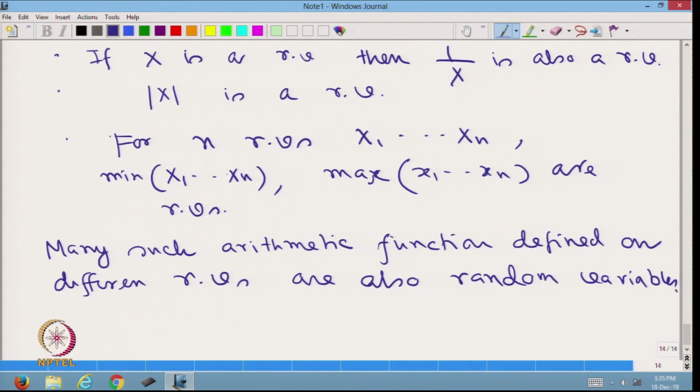I am not going to prove this, but let us assume these results, because proving this will need a lot of analysis, which is not a part of this course.